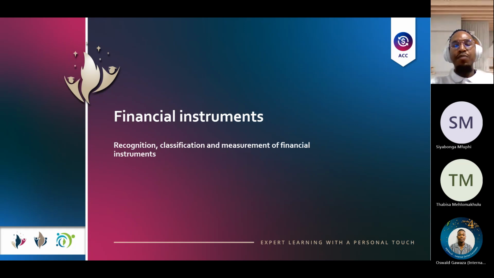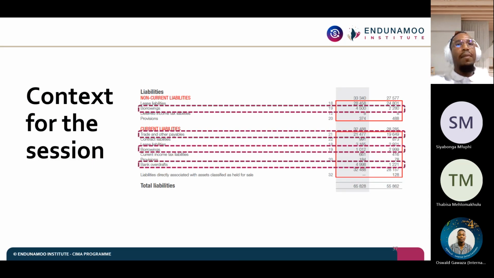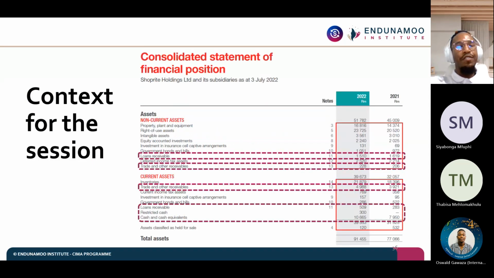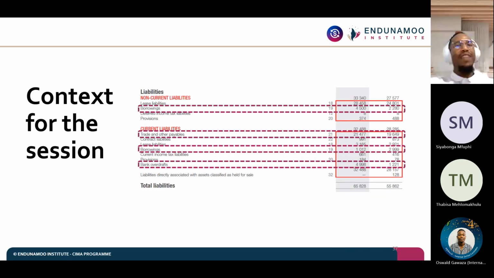We then came back in the previous slides to the bigger picture, being our statement of financial position: we have non-current assets, current assets, and liabilities that are broken down into current and non-current liabilities.